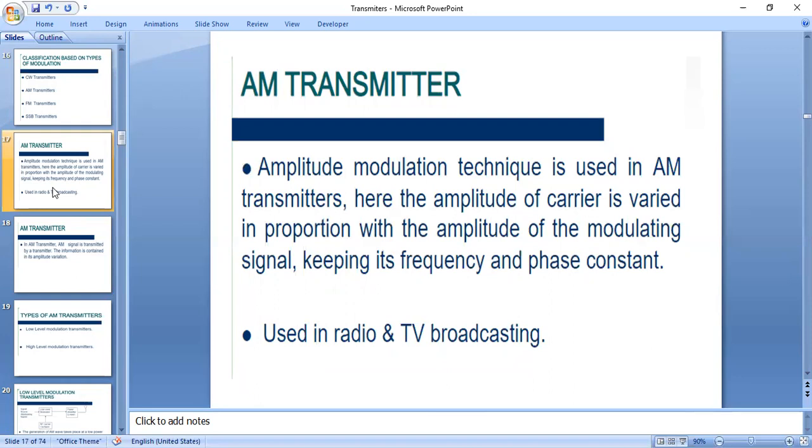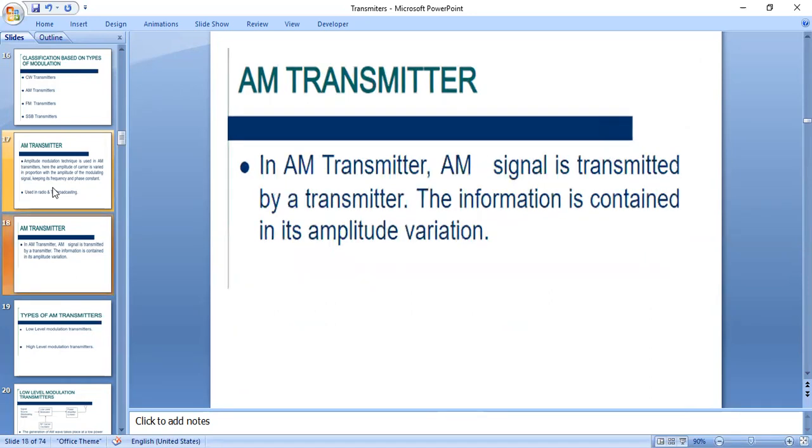Here the modulation technique used for the modulated signal is amplitude modulation. We know that in amplitude modulation, the amplitude of the carrier is varied with respect to the amplitude of the message signal. Here the frequency and phase are constant, only the amplitude is varied. These AM transmitters can be used in radio and TV broadcasting.